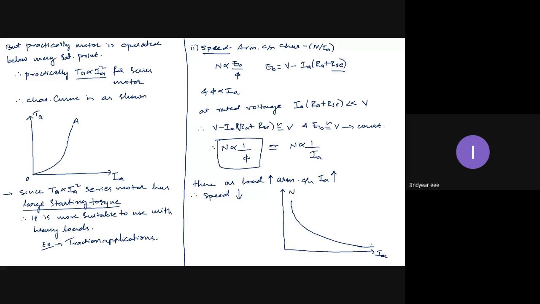But there is a problem here in DC series motor. What if the motor is on no load and it is started? So here N is proportional to 1 over IA.